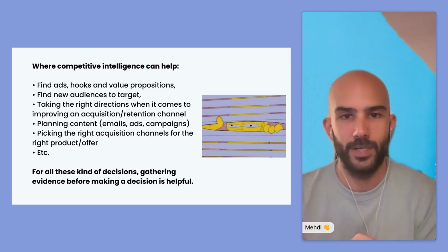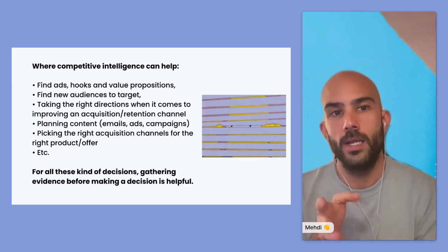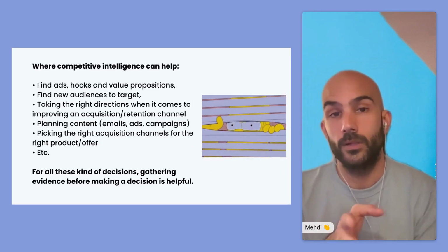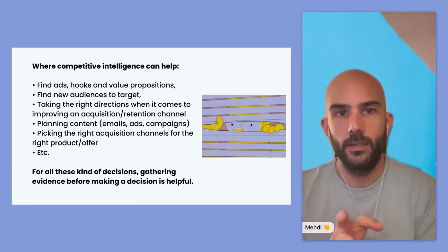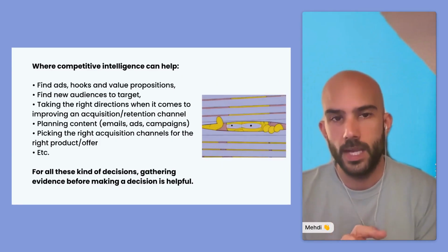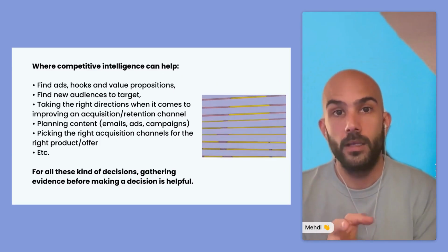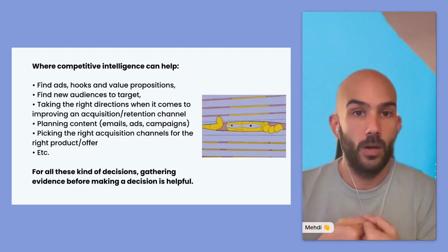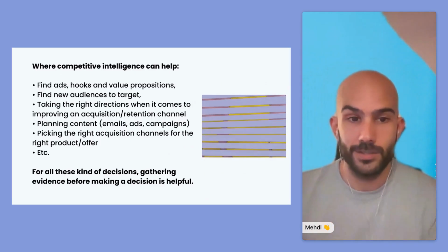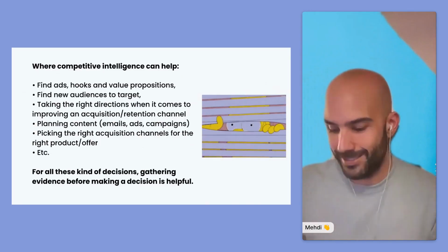This is one of my favorite ones. But for each one of them, by looking the correct way at your competitors, you can actually identify quite quickly their best practices, their best ideas, what's actually working well for them, and take these to inform your own marketing strategy so you can actually just take better decisions.